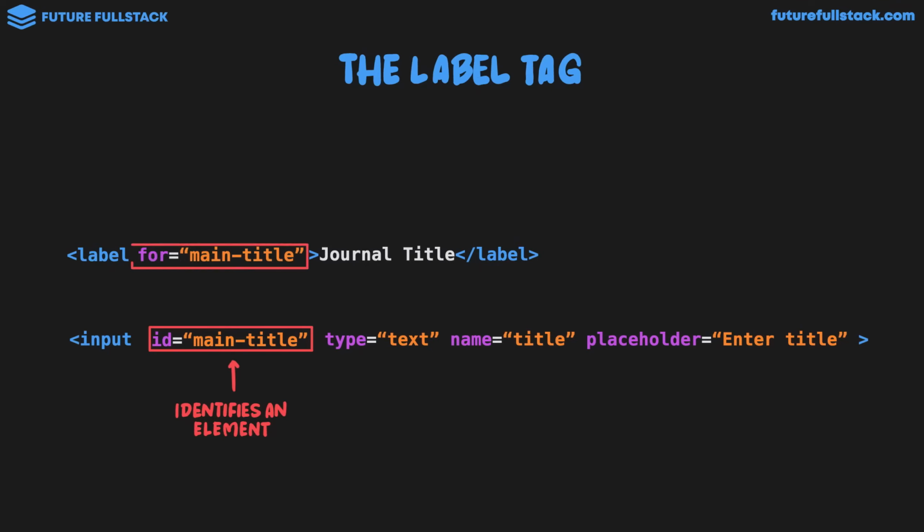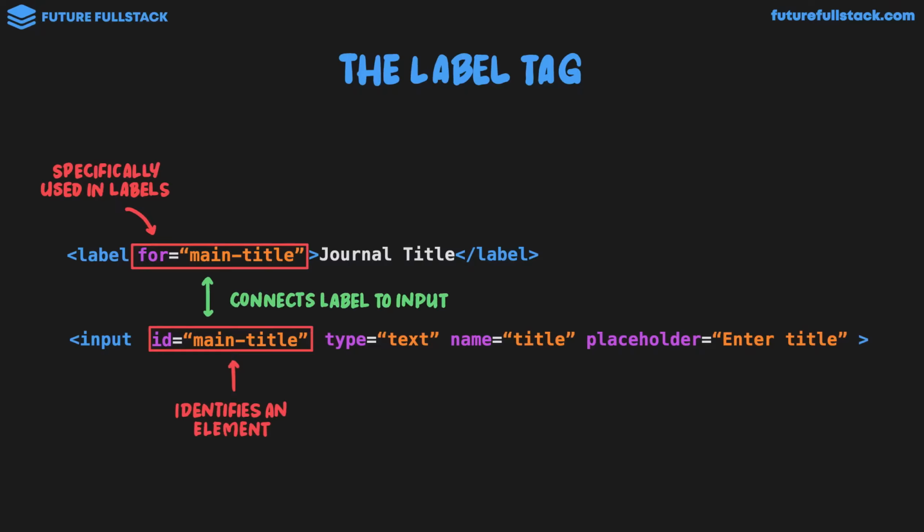The for attribute is specifically used in HTML form labels, so you're not really going to see it anywhere else. The value of the for attribute has to be the exact same as the value of the ID attribute in the input, so we have to call it main title. So both the for and ID have the same value of main title. Doing this now connects the label to the input.